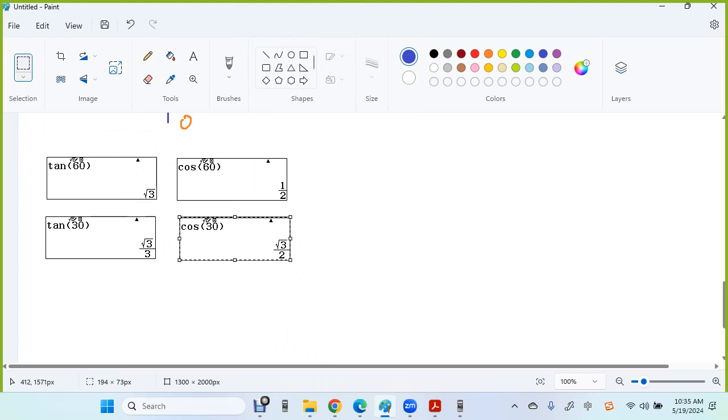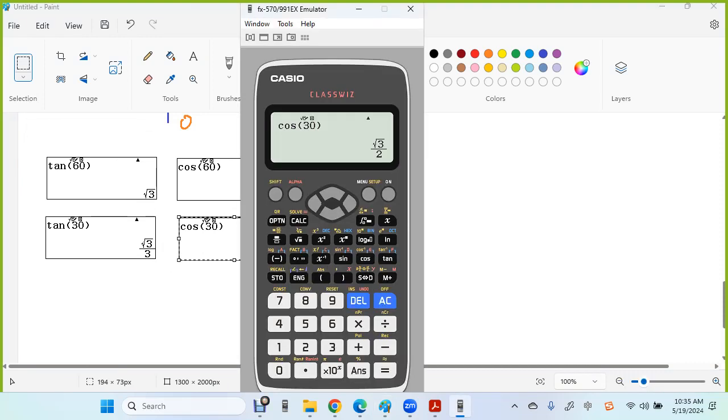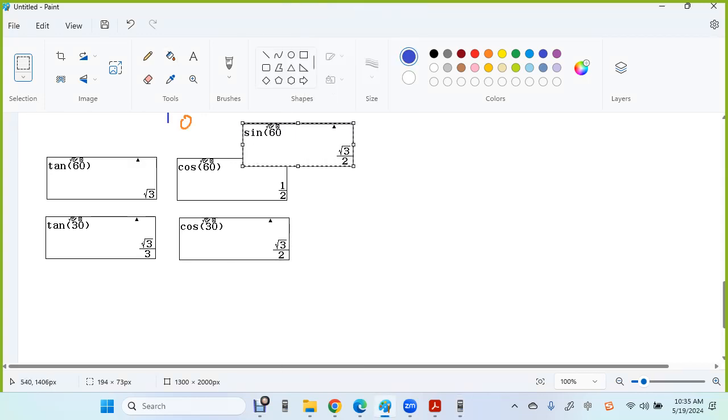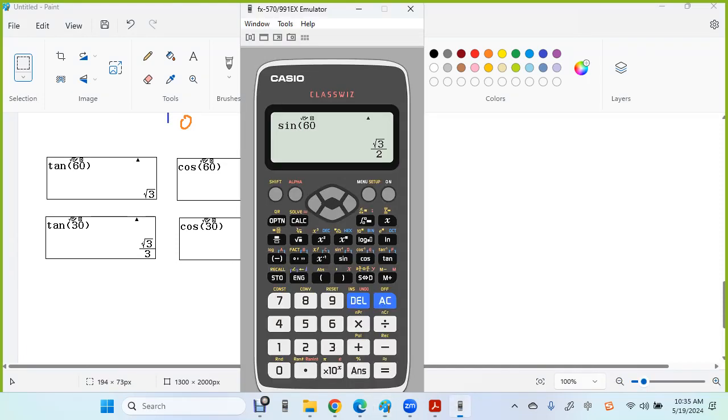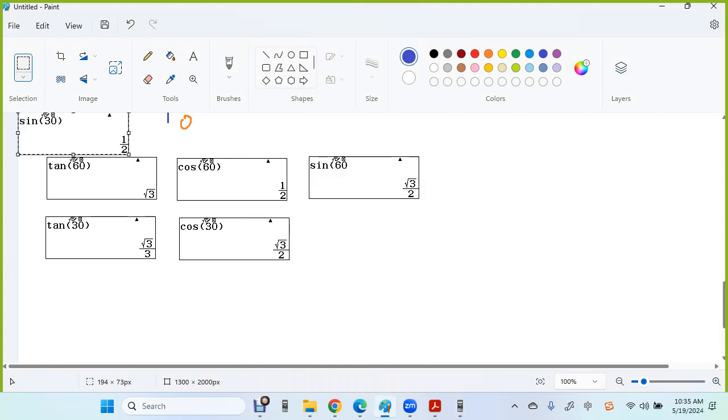And then we have the sine 60 degrees, it is square root 3 over 2, and we have the sine 30 degrees, it is half.